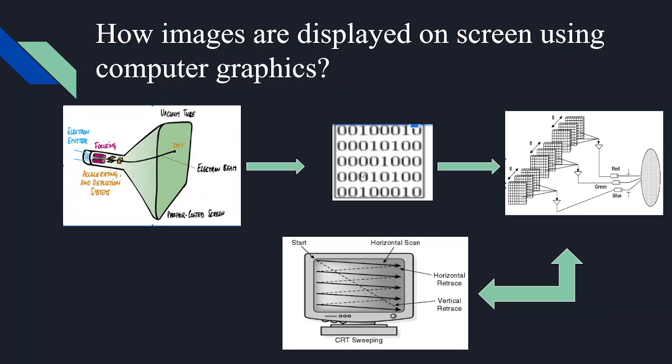These pixels are stored in the frame buffer, and then the colors are specified using those two methods, the palette method and the direct method. And then the scanning is done. This is a raster scan method which scans all the pixel values and displays the images as per the intensity values stored in the frame buffer.